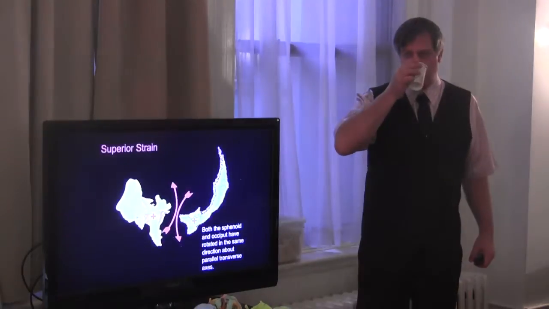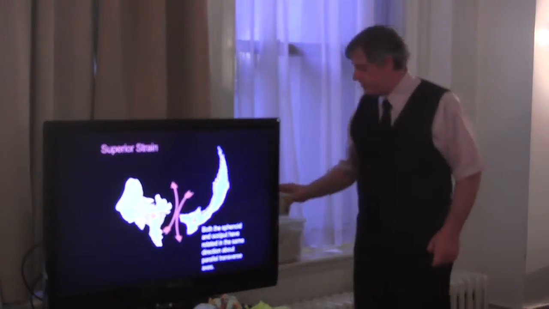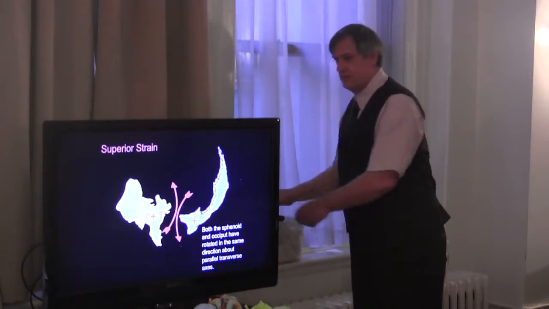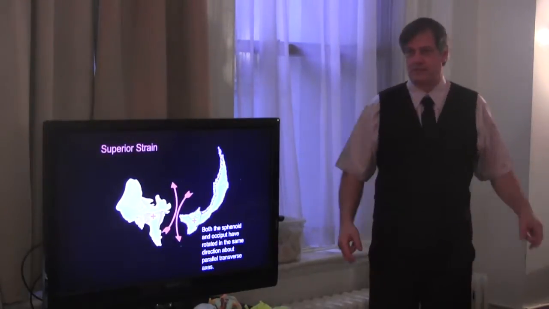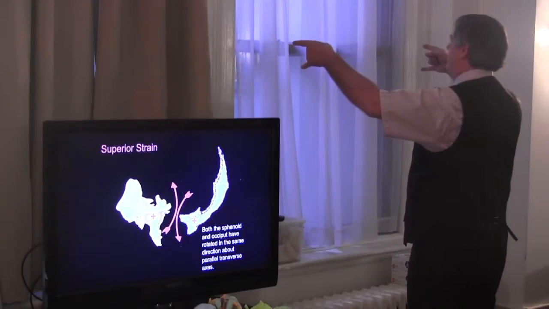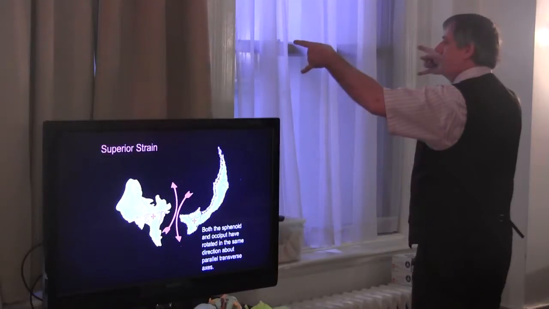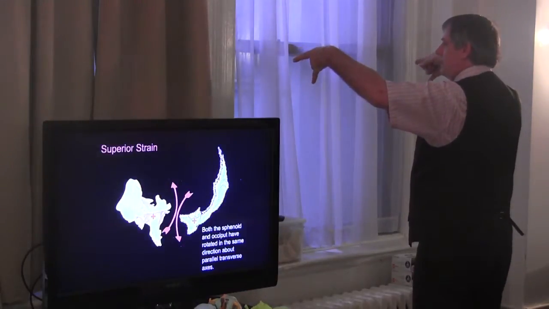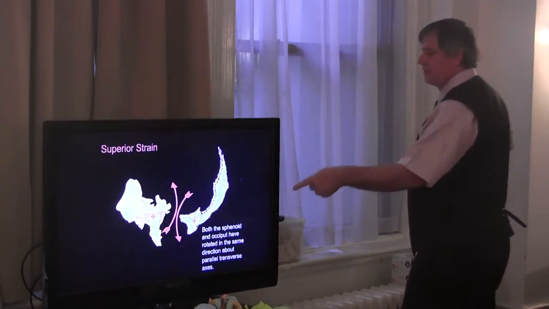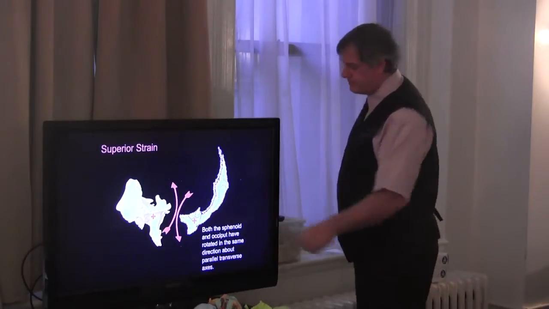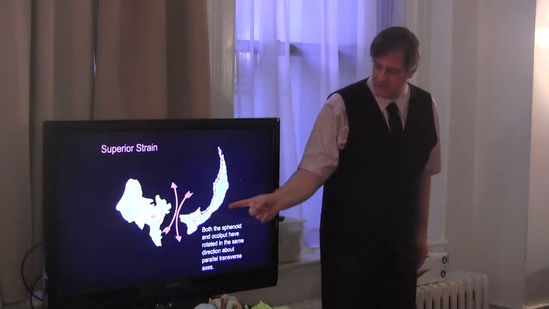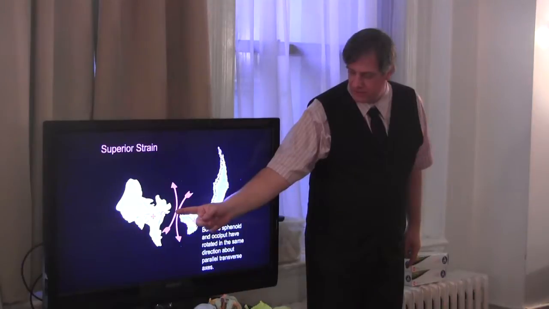Can you just show superior strain again, please? Sure can. Coming at you, 3D. Okay, superior shear is going to be where the pinkies are going. The pinkies are going to tell you where the occipital squame is going. In this case, this is the part that you don't feel.